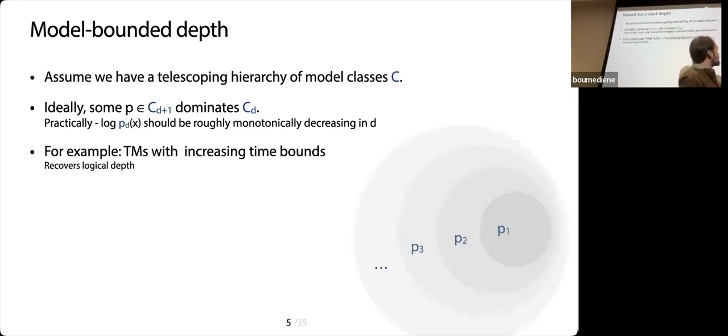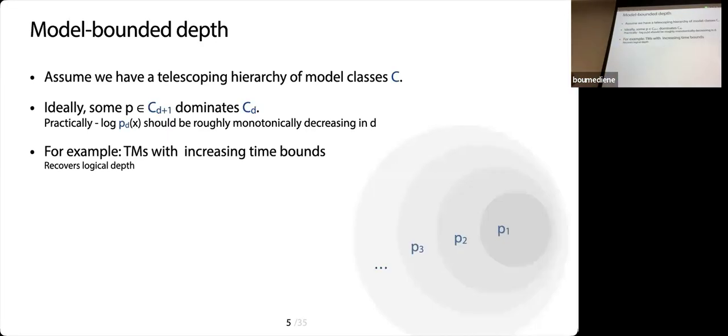We changed the notation at the last second. This should be C, where basically you have model classes with different levels, and each level of the model class contains the previous level. So this could be an increasing time bound, polynomial, super polynomial, etc., like a polynomial hierarchy, but it could also be neural networks with different depths. Then also a 2-layer neural network can do all the things that a 1-layer one can.